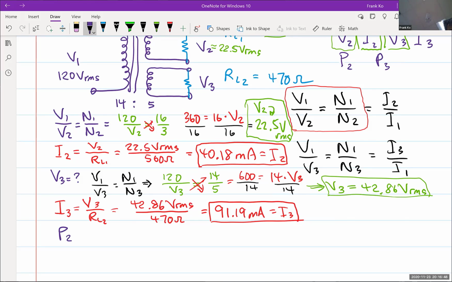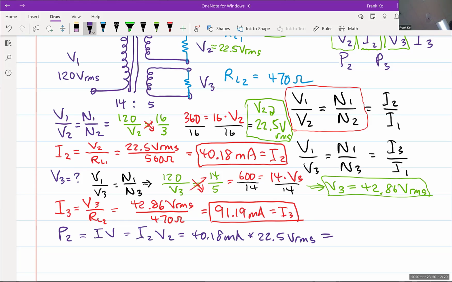And so P2 is going to be which current times which voltage? Mm-hmm. And the value of I2 we had as 40.18 milliamps. And this is going to multiply by V2 of 22.5 VRMS.